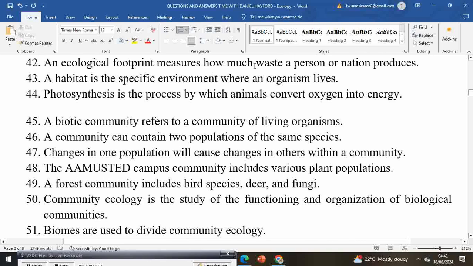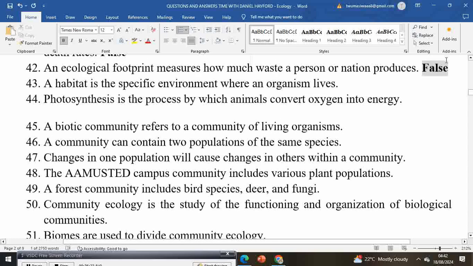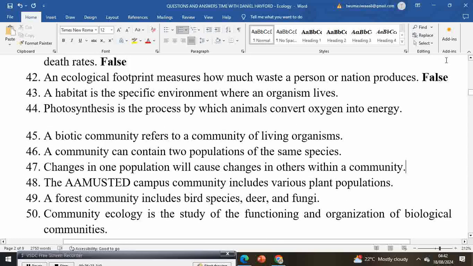An ecological footprint measures how much waste a person or nation produces. Is this true or false? Number 42. It is false.